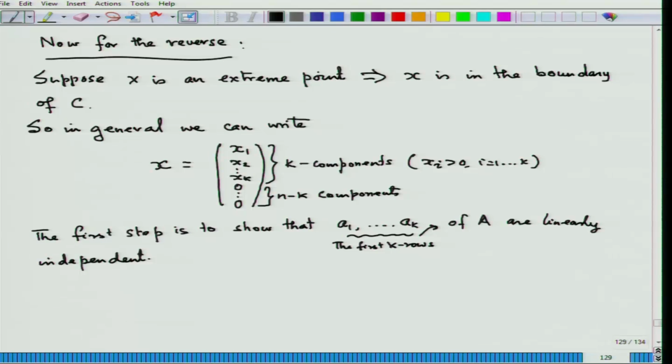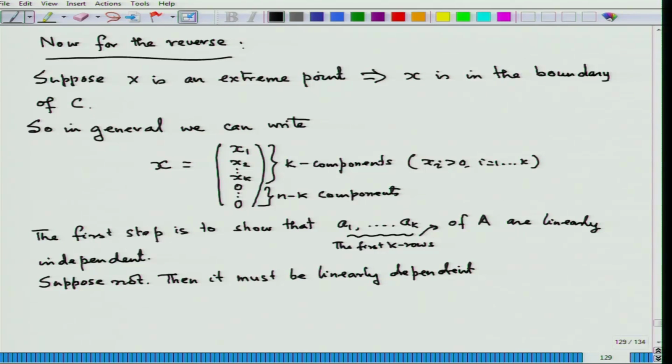Okay. Again we will go by the method of contradiction. Suppose not. Then it must be linearly dependent. So, this set of vectors must be linearly dependent.